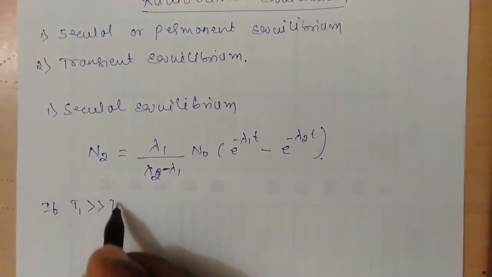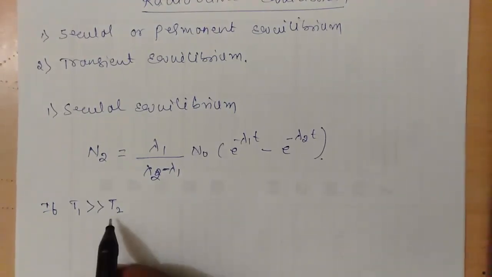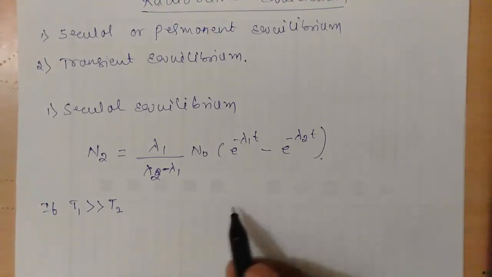T1 is very much greater than T2. What is T1? T1 is the mean life or average life of the parent nucleus, and T2 is the average life or mean life of the daughter nucleus.